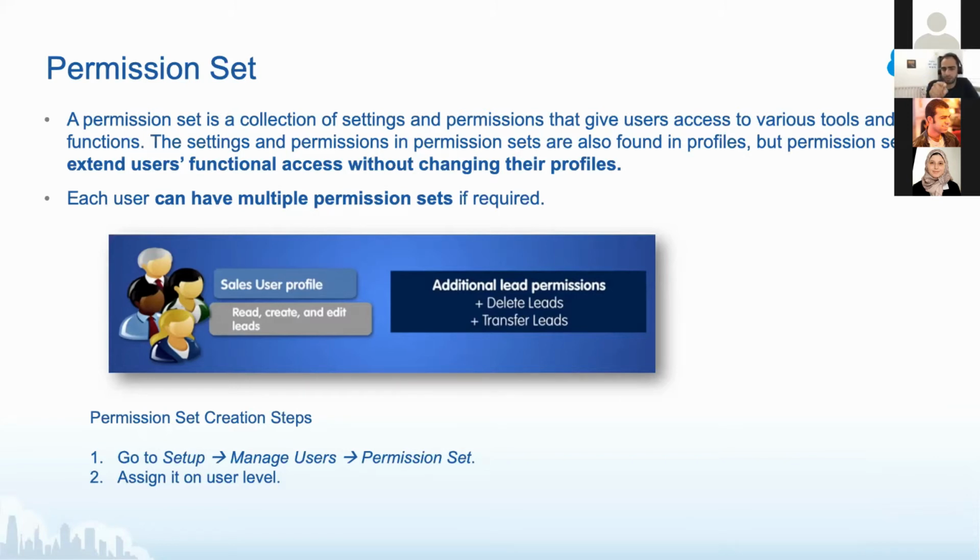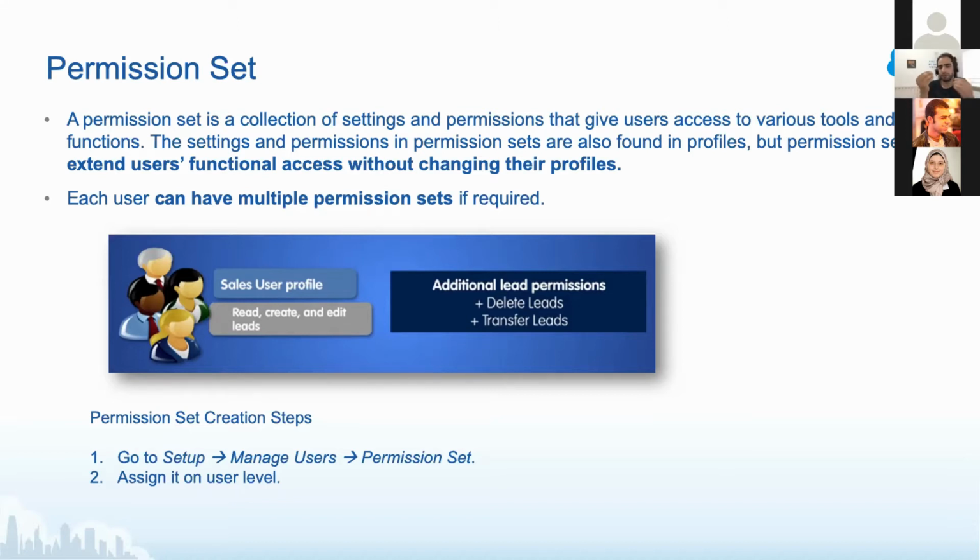For example, in this snapshot, we say this team normally reads, creates, and edits leads. However, for some of them, we can grant delete leads and transfer leads if necessary, and we can grant this access via a permission set. So it's something additional that you can add on top of profiles.